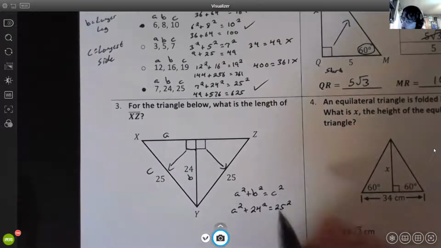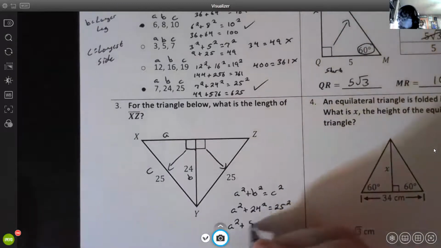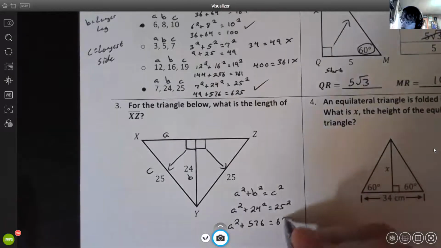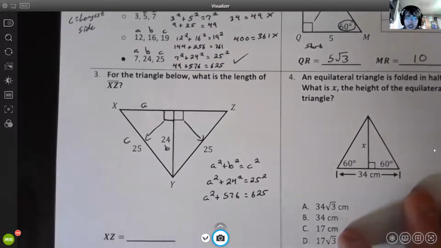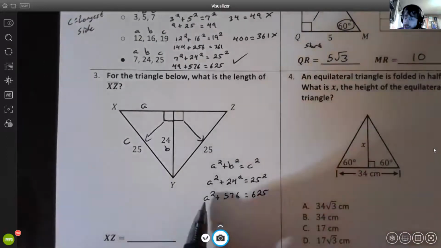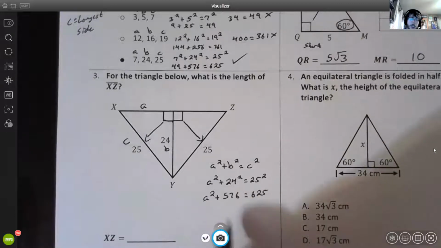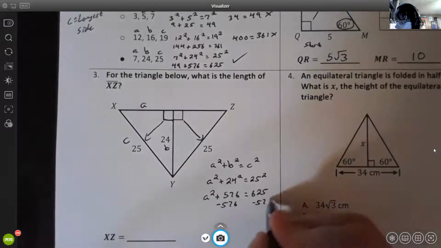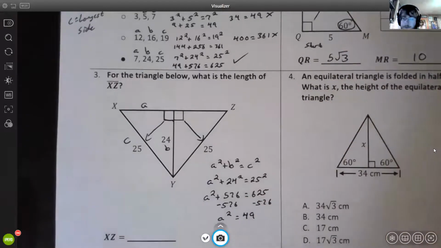Now we simplify, so we have A squared plus 24 squared, which is 576, equal to 25 squared, which is 625. All right. Now from here, the A squared needs to be by itself. It's the only thing with a variable in it, but it still has this 576 there. So we need to subtract 576 from both sides, and we get that A squared is equal to 49.